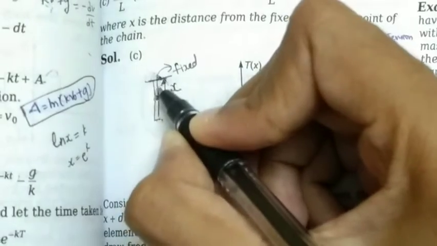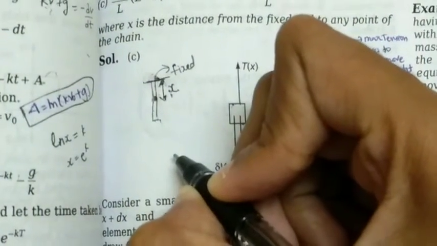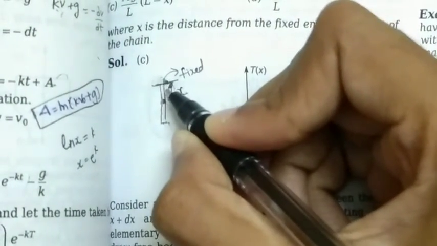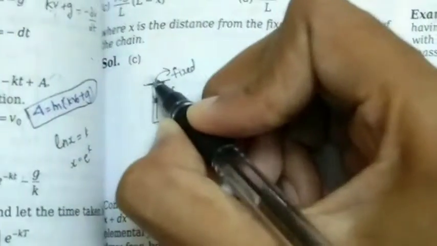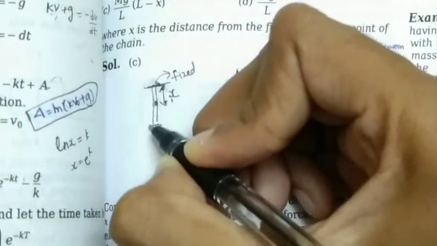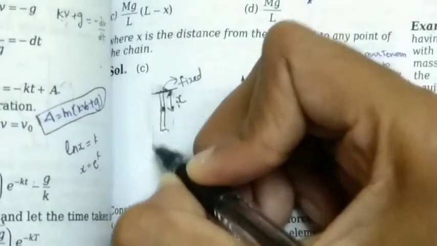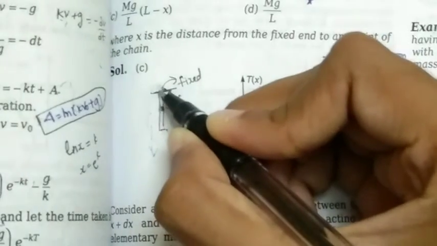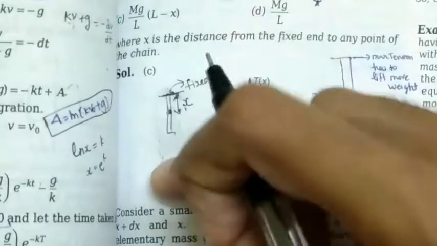In order to prevent this chain from falling down because of gravity, at the fixed end tension has to be supplied in equal amount, equal to the weight of this chain. The entire weight of this chain would be acting vertically downwards, and the tension has to overcome this force.